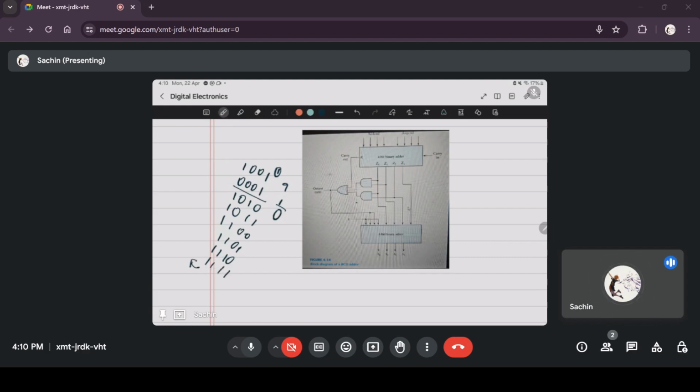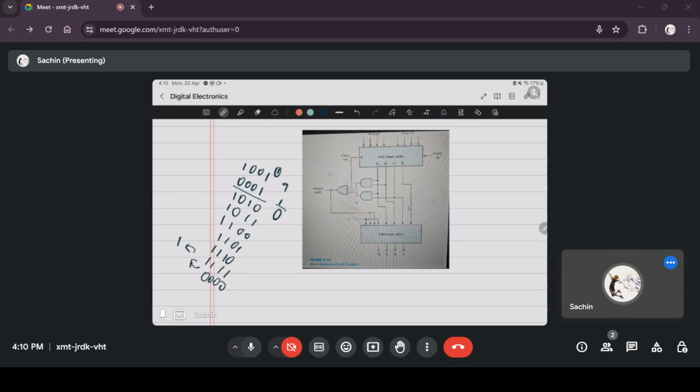And then once it exceeds 15, there will be a carry and it will start counting from 0 again. So in decimal, when it goes to 10, you have to restart from 0. In binary, you will restart from 0 when you go to 16.